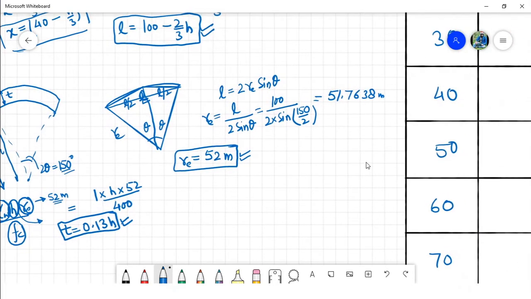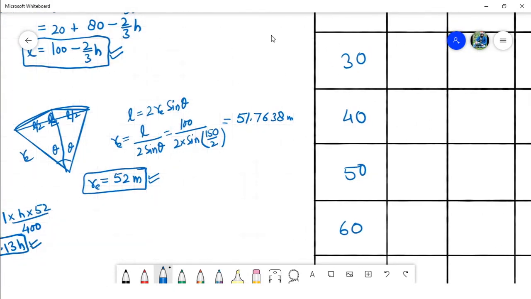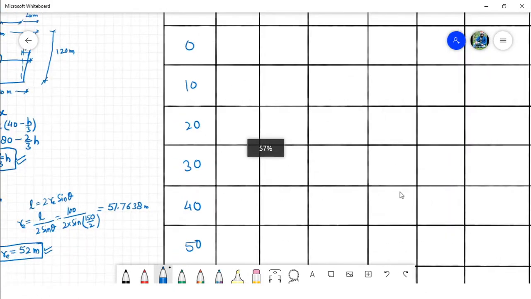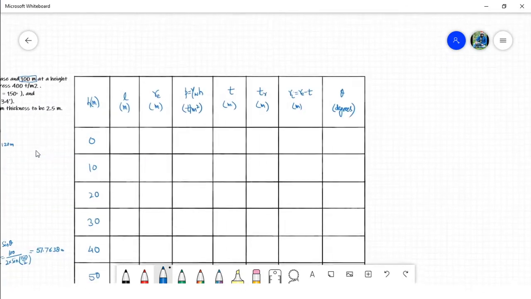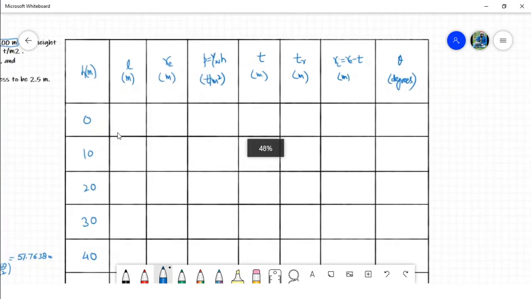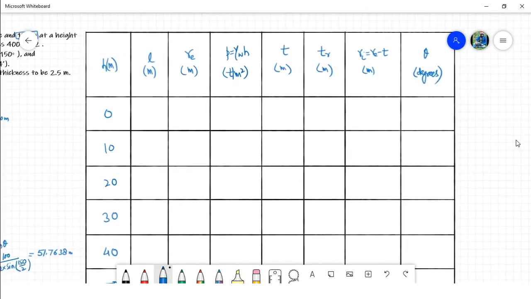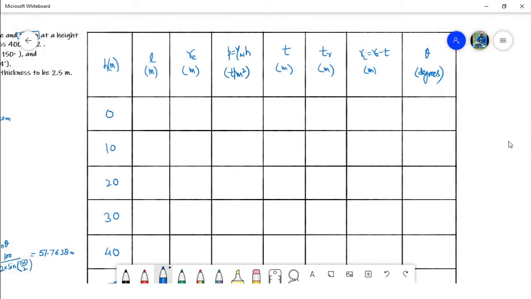Now let us come over here. I have prepared a table over here. So you have to prepare this table. In this table, the first column represents the height H. This height H is from the top.